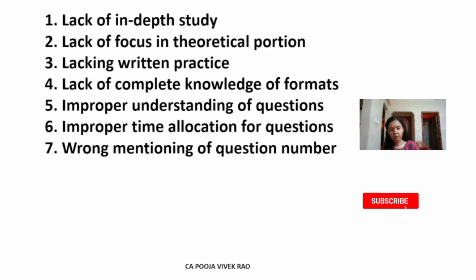The next error, which is one of the most silly errors, is mentioning wrong question number. It was observed that most students attempt parts of the question at different places and do not write the correct question number and its subpart number correctly. Consequently, while checking the answer book, even though the answer is correct, the appropriate marks are not awarded.